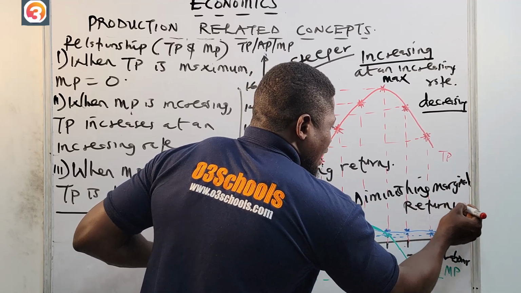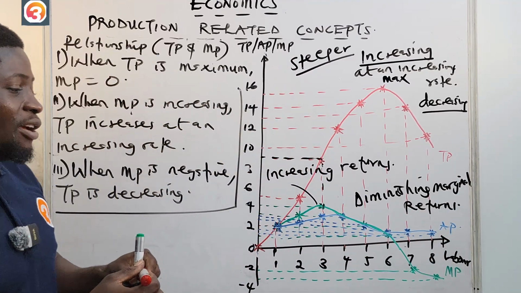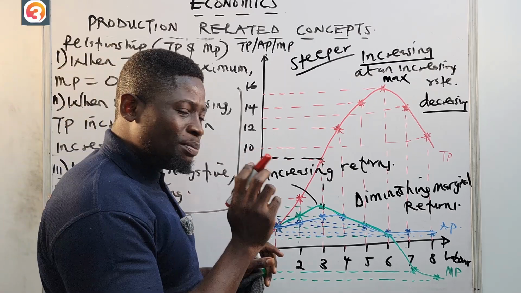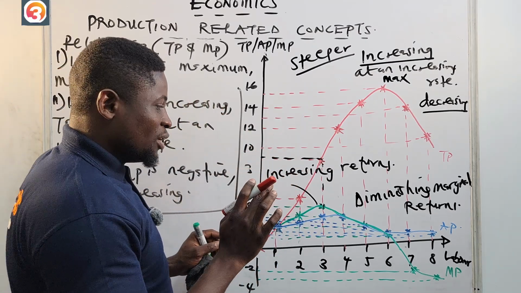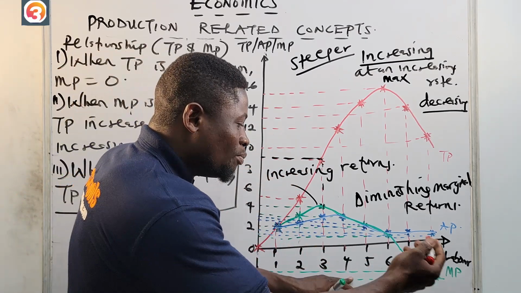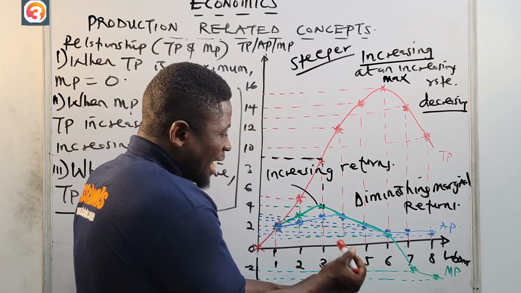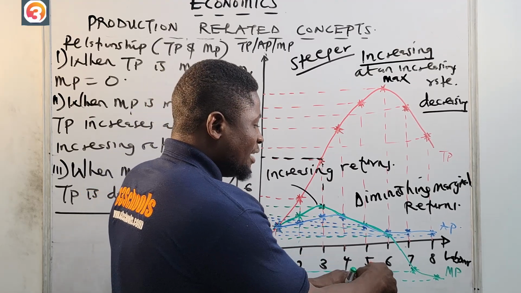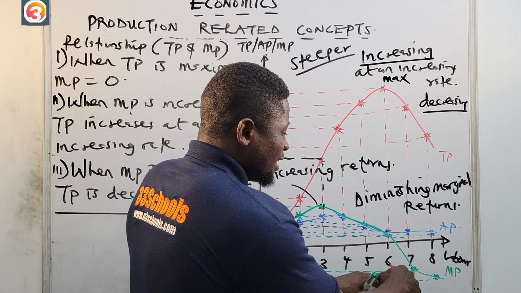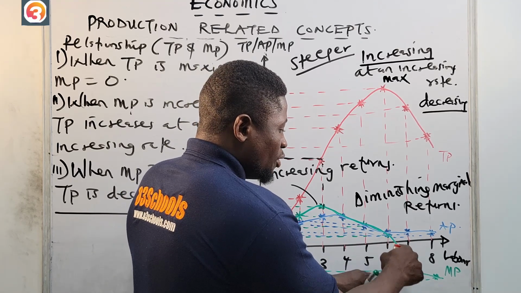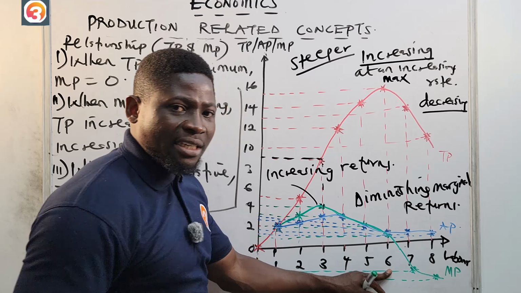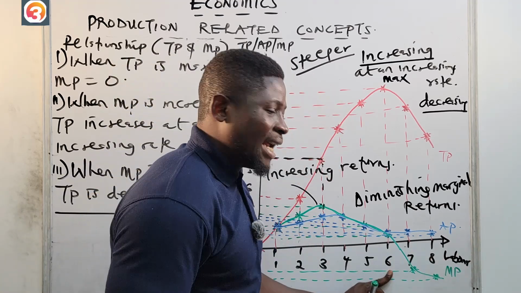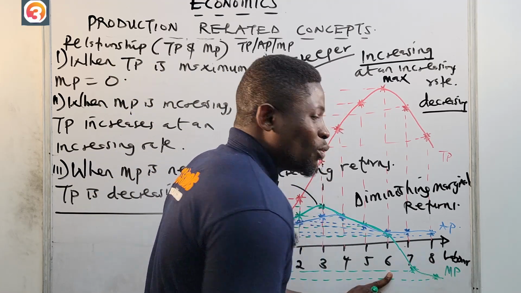Why is it? Because as we added the 4th worker, the marginal product declined. When we added the 5th worker, it declined further. When we added the 6th worker, it declined further, and then even becomes negative. At this point, the 7th and 8th workers are not necessary.